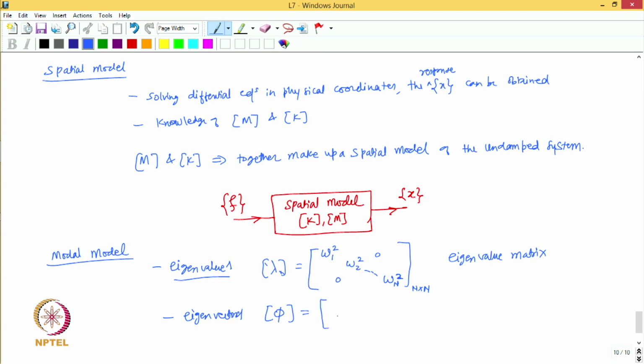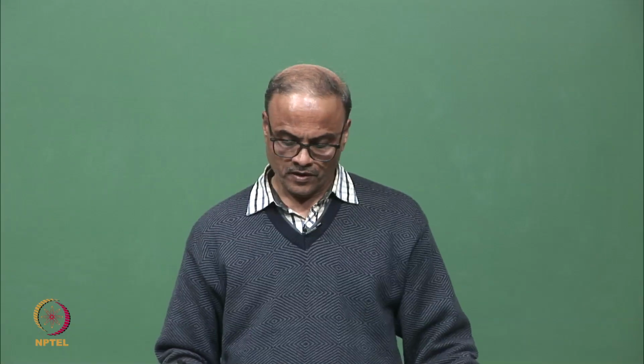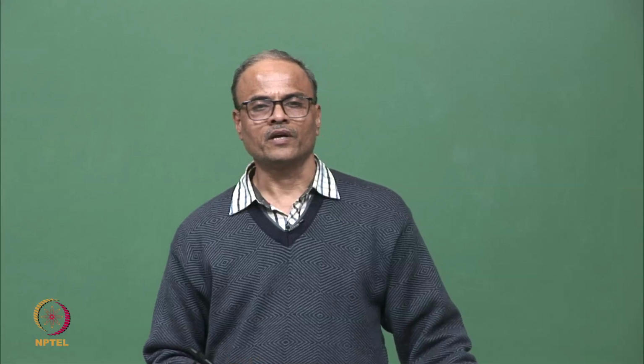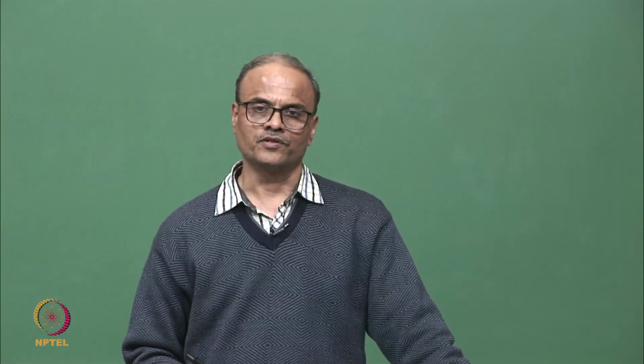Here each column of this matrix is a mass normalized eigenvector of the system, and this is nothing but the eigenvector matrix. If these two matrices are available, then also we can analyze the system for its response, right, and therefore, these two together make up what is called the modal model of the system.